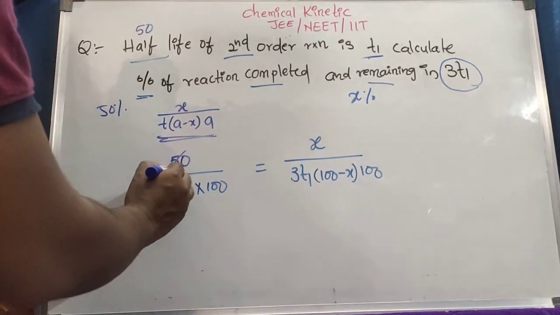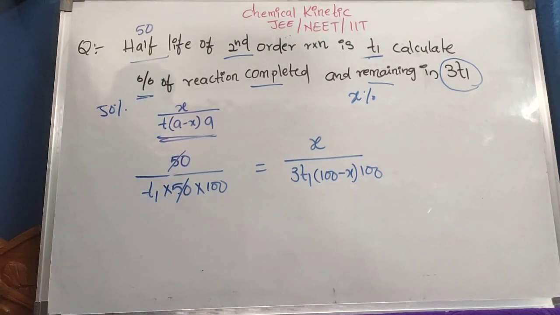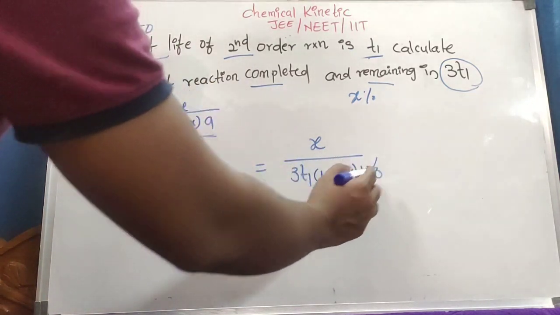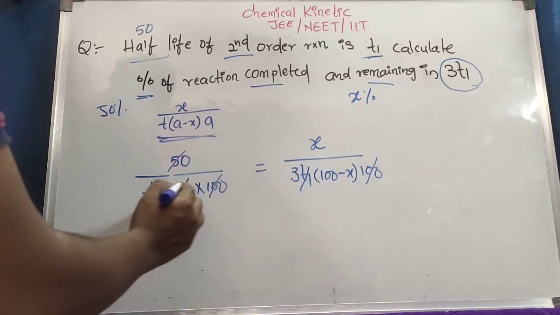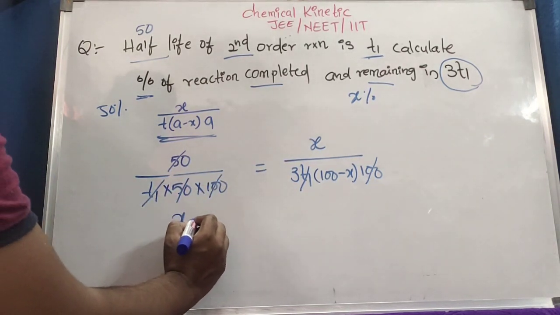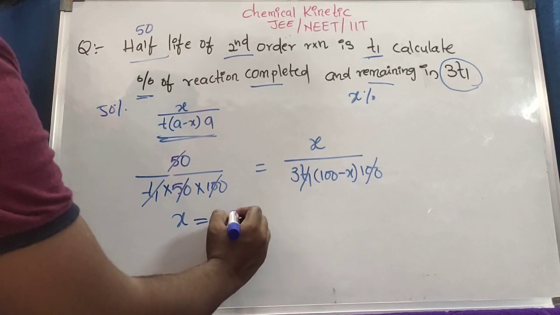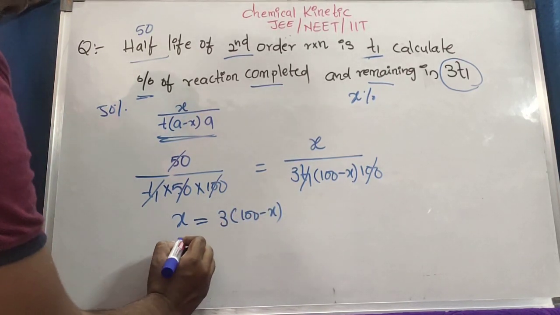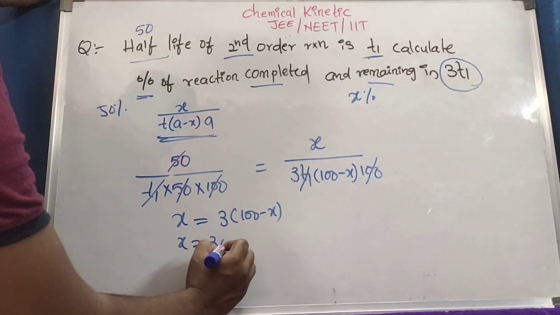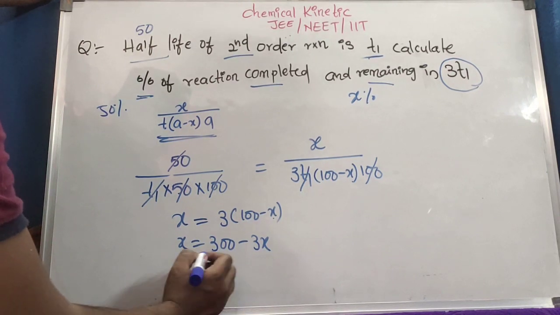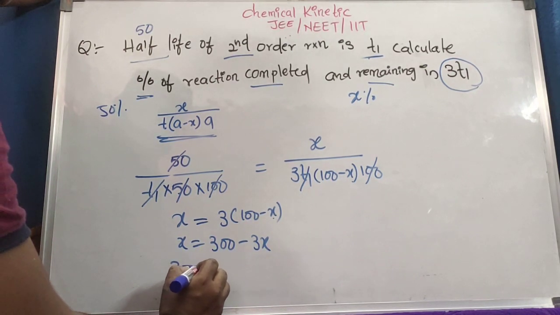So the 50 gets cancelled, the 100 and 100 get cancelled, and T1 gets cancelled. So X equals 3 into (100 minus X), so X equals 300 minus 3X. So 300 equals X plus 3X.